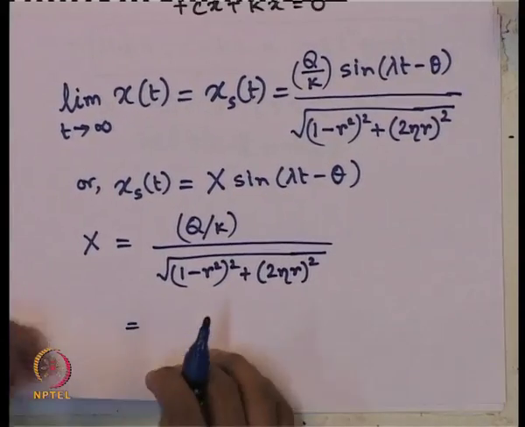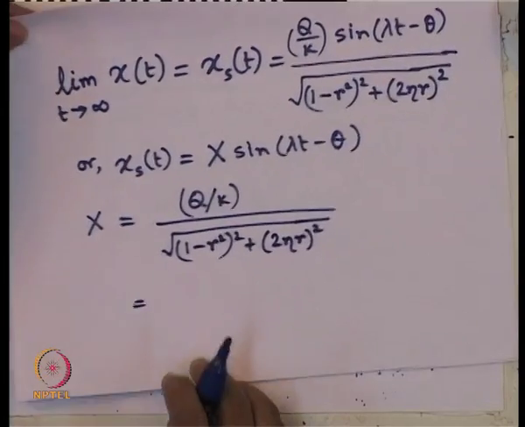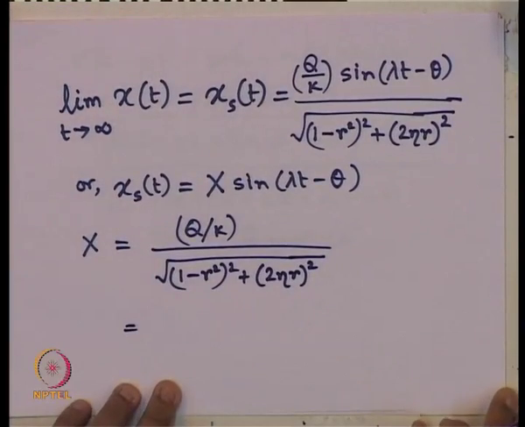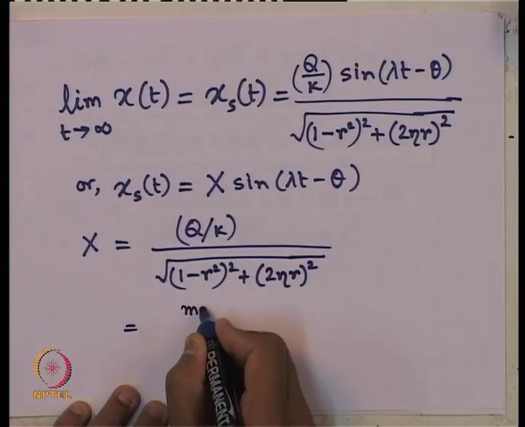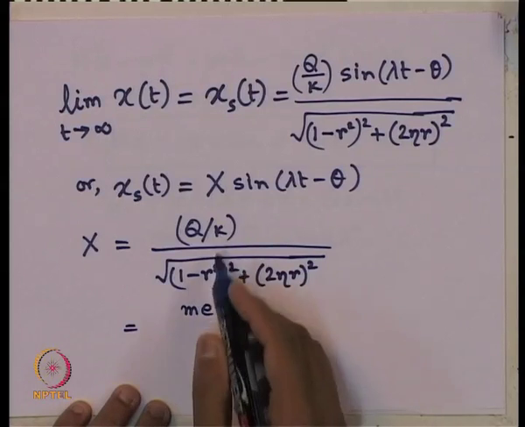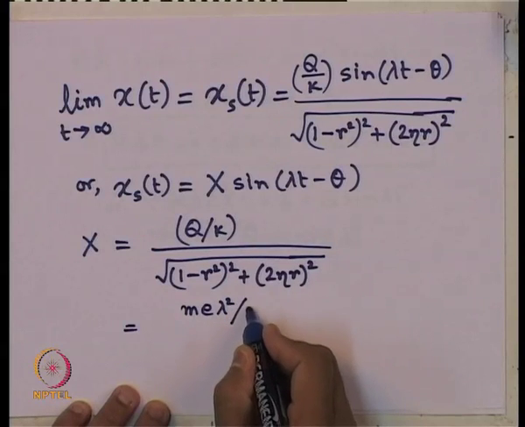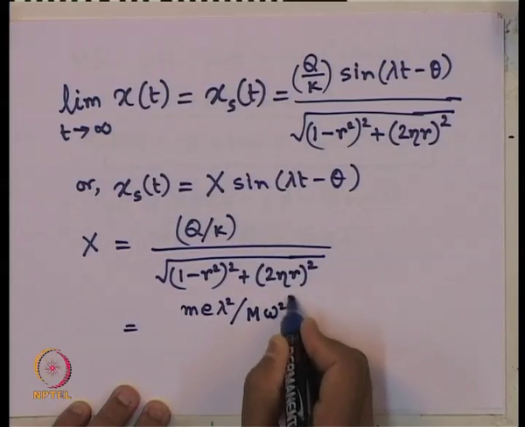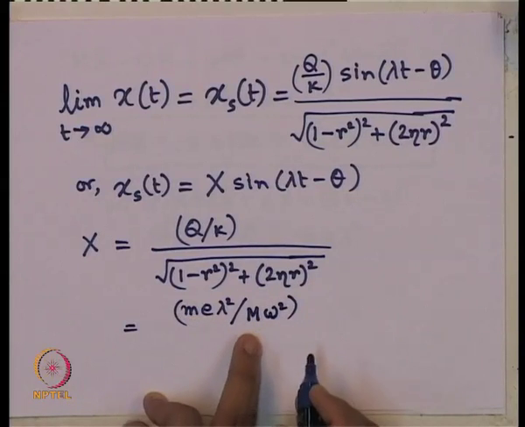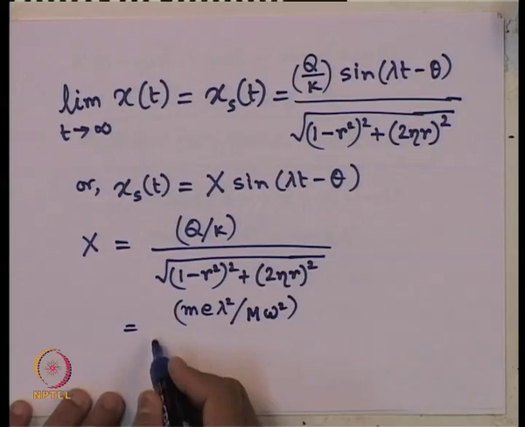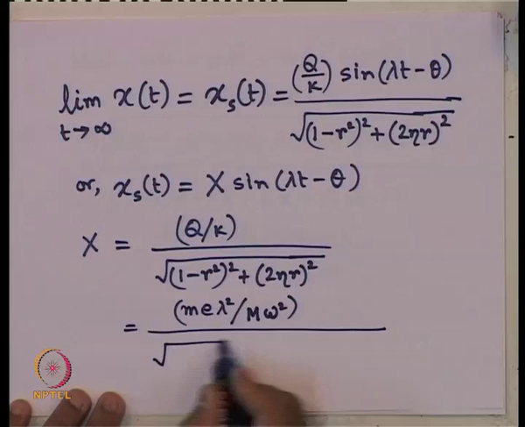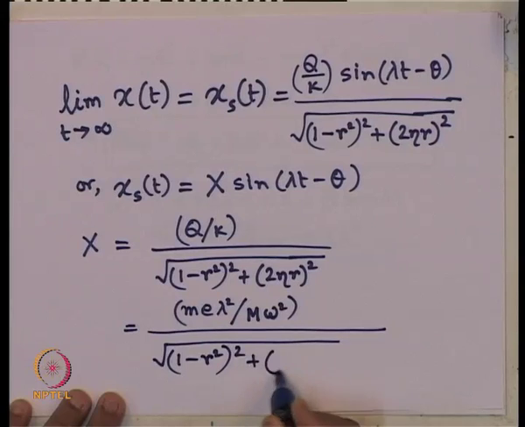Now, let me put the expression for this q and k. Q is how much? m e lambda square. And how much is k in terms of m and omega? K is m omega square. Fine. In that case, it has to be the total mass, of course, divided by root over 1 minus r square whole square plus 2 eta r whole square.